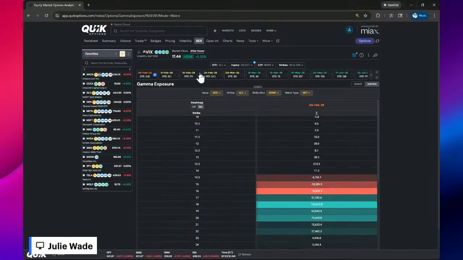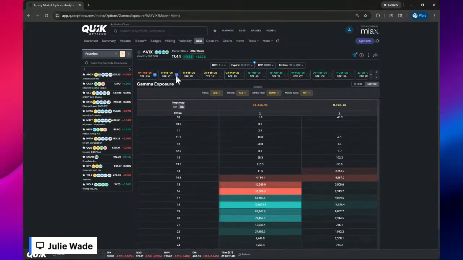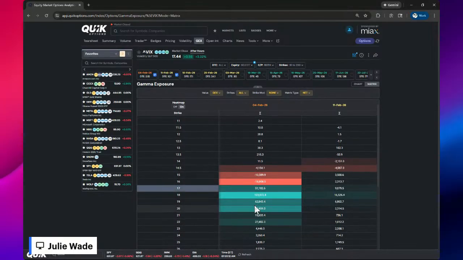And this is pretty cool. You can put the heat map on and see that 17 is the high GEX. Now this is just for the one expiration. If you add the 11th in, you see that it's even stronger to the upside. 20. Not so much 21, 19 and 20.